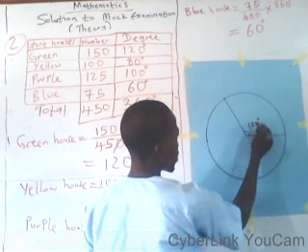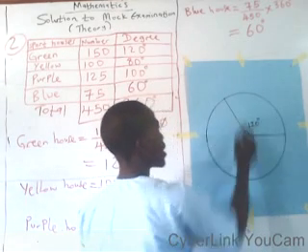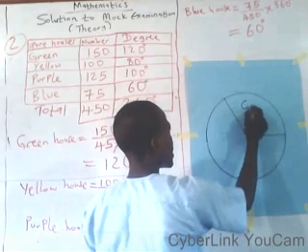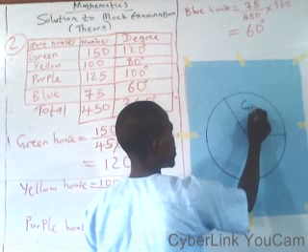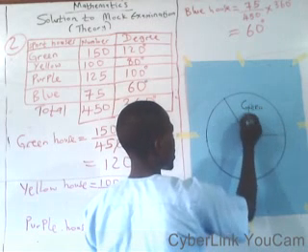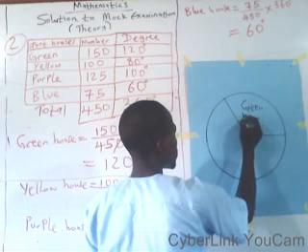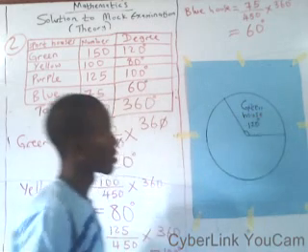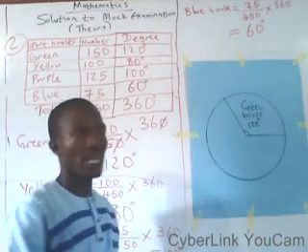Call this one 120 what? Degree. And at the same time, you tag it with the name green what? House. Green house. You are through with green house.